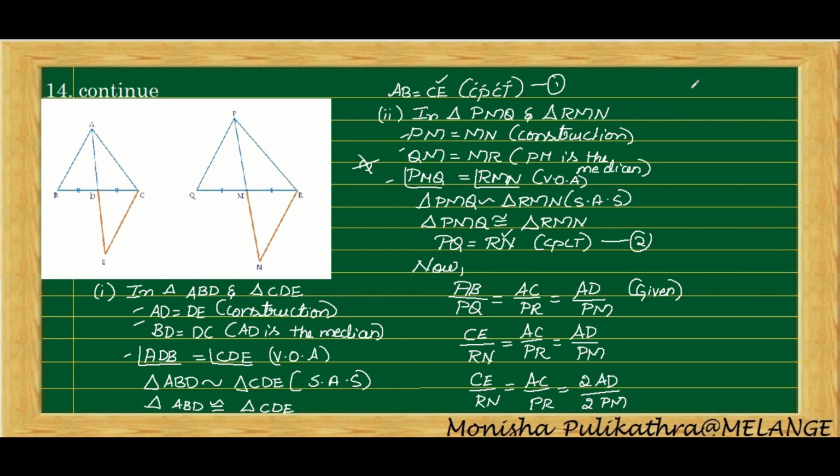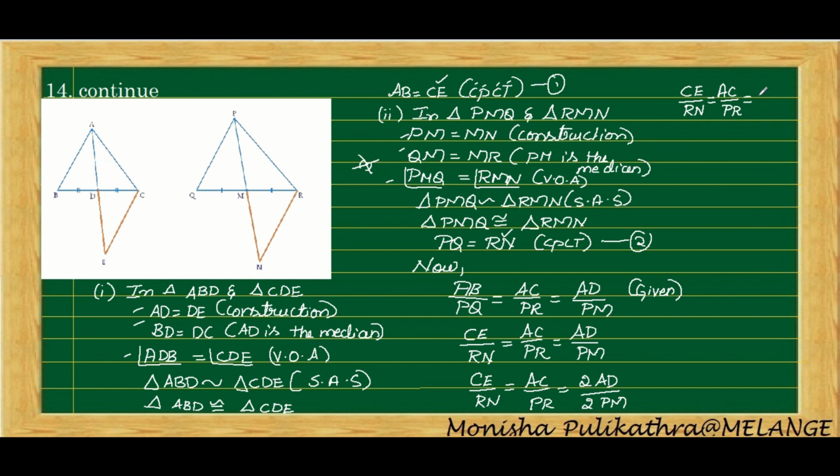Next, CE by RN is equal to AC by PR is equal to 2 AD by 2 PM. AD is equal to DE, so 2 times AD will become AE.